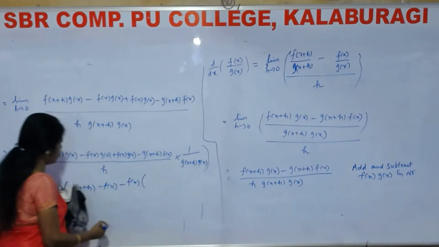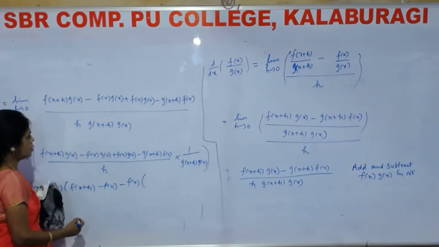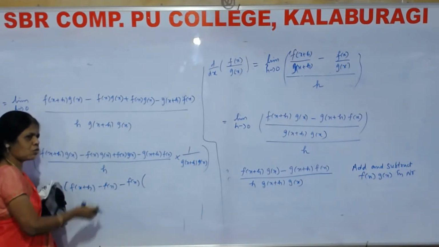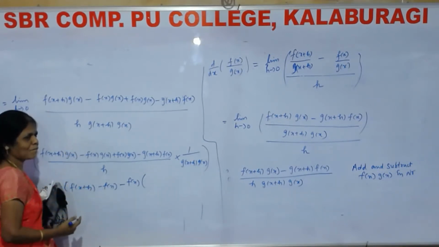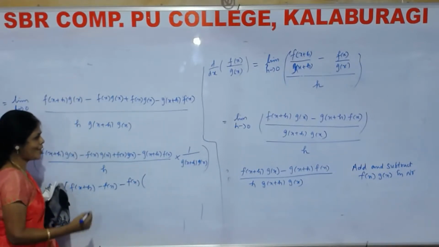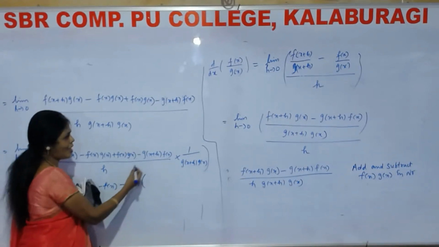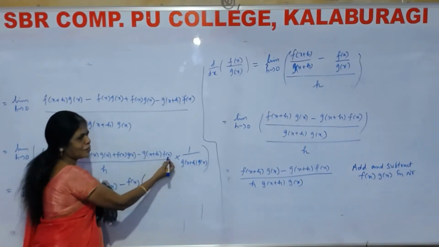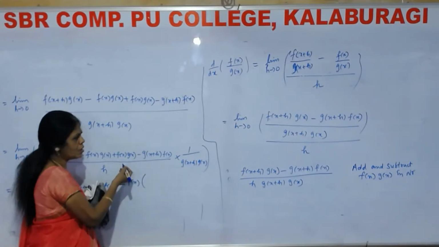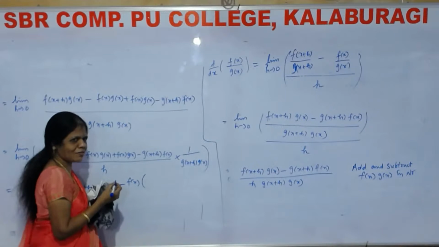Which one? We have to solve this again and we cancel and go back. So, what have I taken in common? Minus f of x. And this will become plus and this will become minus. You should learn this high level, students, that I am doing.